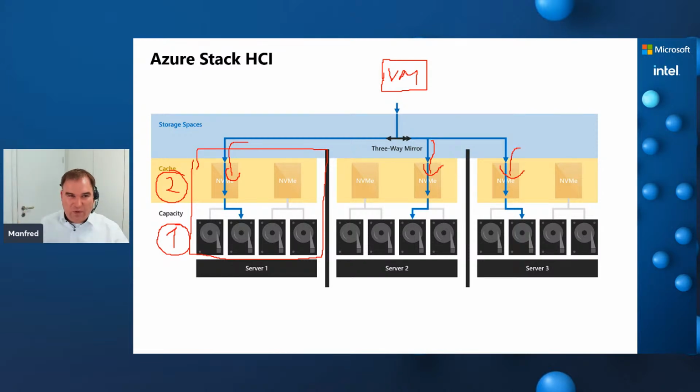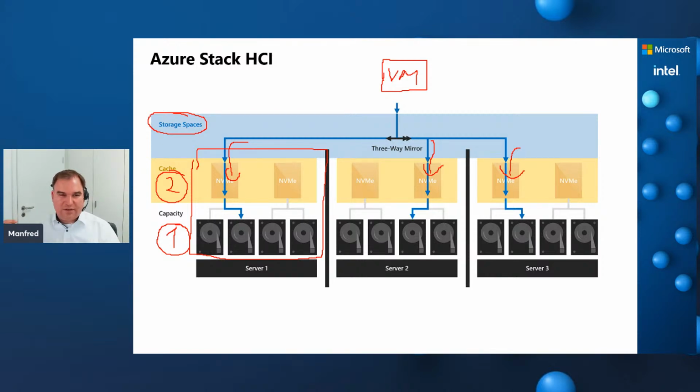So we have this storage spaces, the storage bus layer. This storage spaces layer spans across all the servers in the storage spaces direct cluster. It's a logical layer. There's no physical cabling except the network between the servers, and the data is written distributed across the servers.